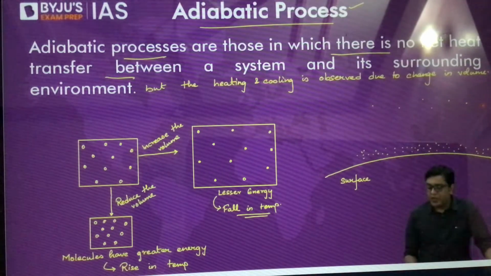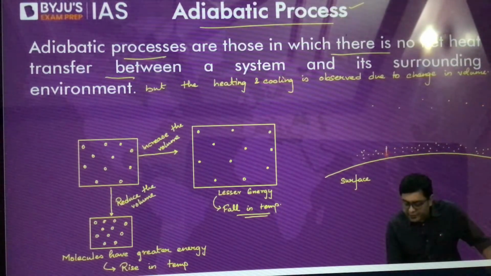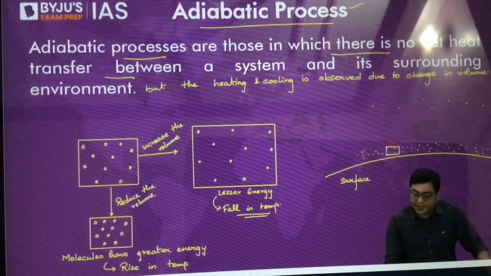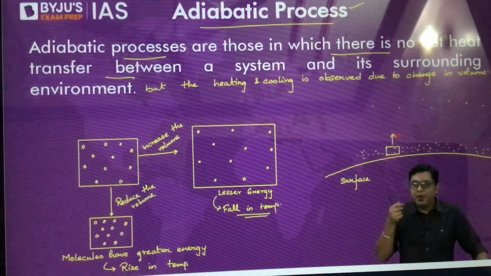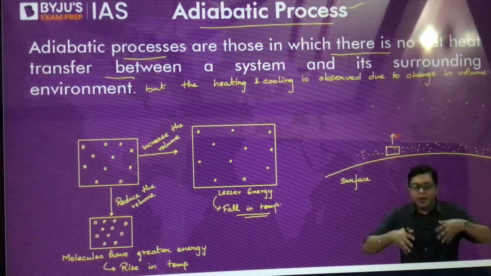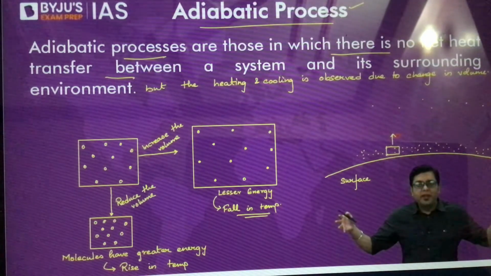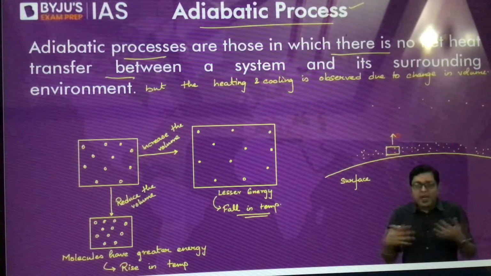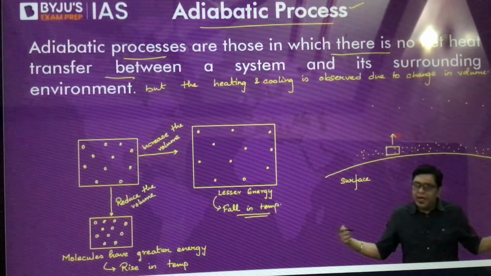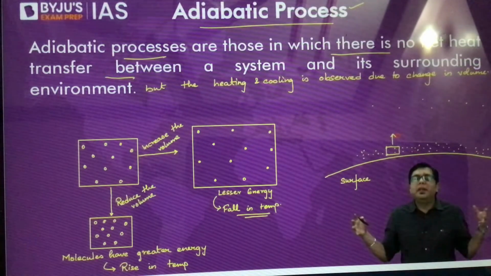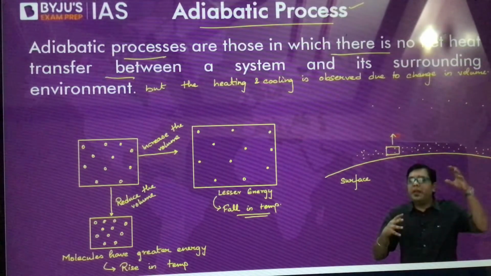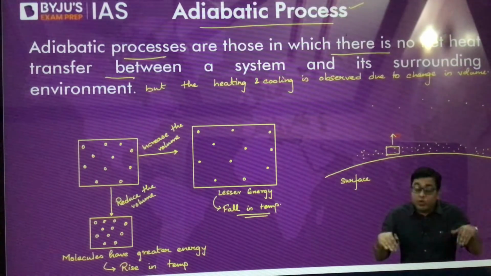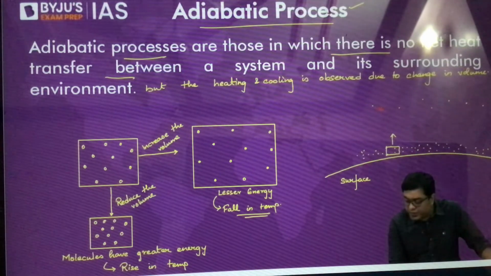Now, in this situation, suppose an air parcel is present here and it has got to rise up. As the air tends to rise up, it is moving into an area where the density is very, very less. So it will naturally start taking up a larger space, because it is coming from an area where the air is very dense to an area where the air is not at all dense. So there will be a natural expansion.